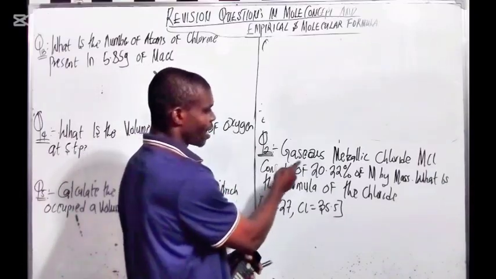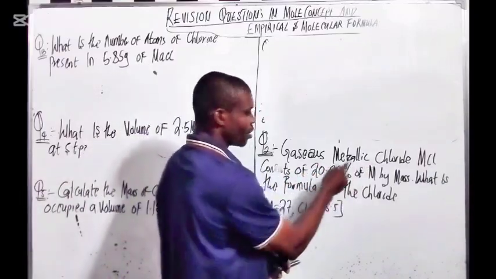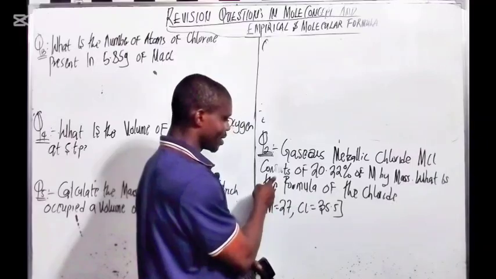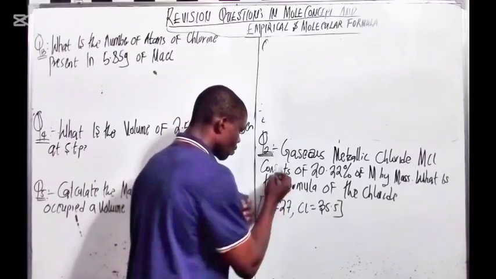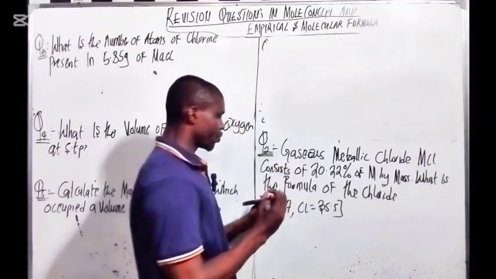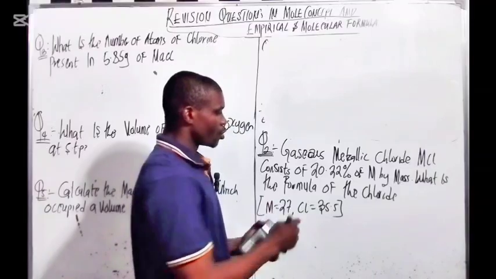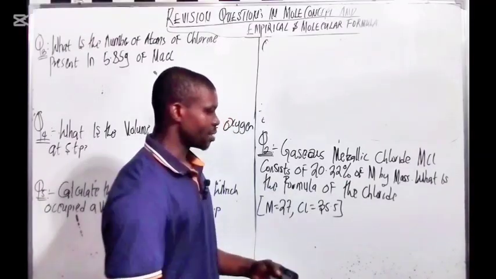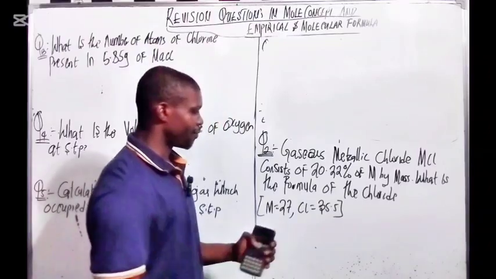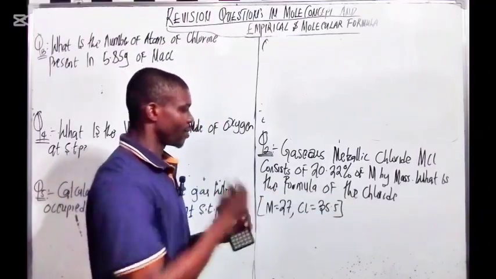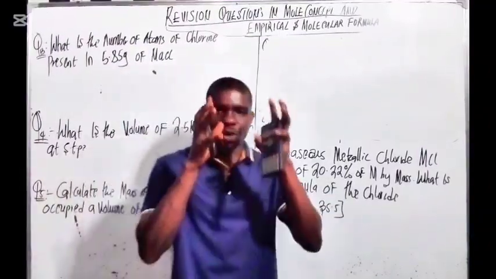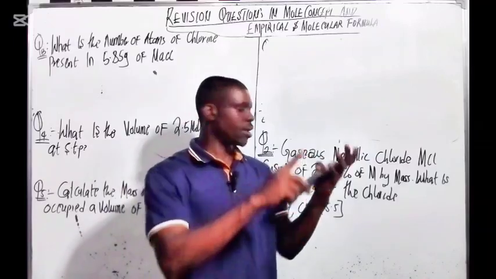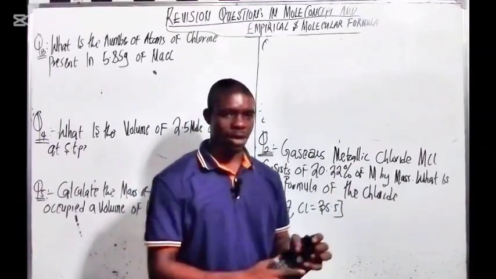See that a gaseous metallic chloride consists of 20.22% of M by mass. What is the formula for the chloride? Do you understand? In the sense that the chloride contains M and chlorine, right?